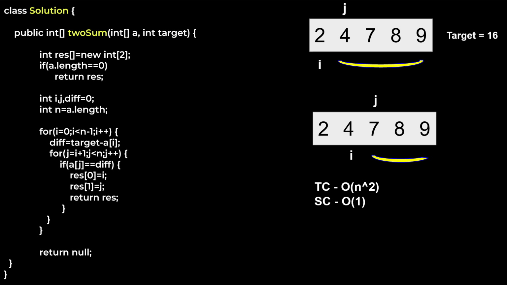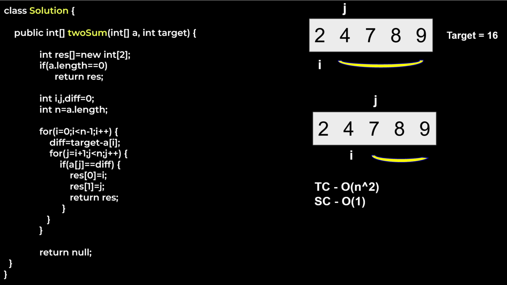Then we will move on to the right hand side of the array and keep checking whether the difference is equal to any element that is present in the right hand side of the array or not. If it is present, then we will store the indices of those elements, that is i and j, in our resultant array and return that resultant array.